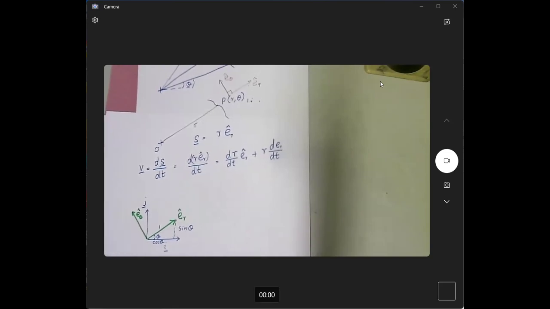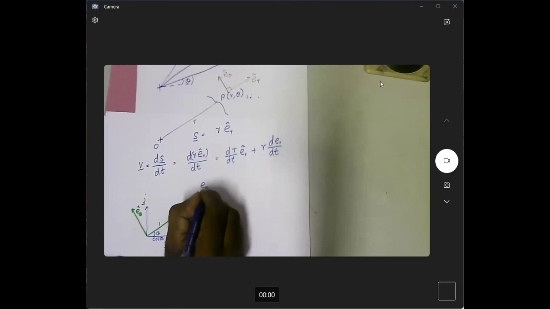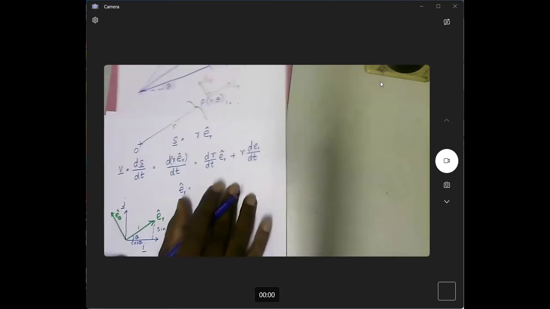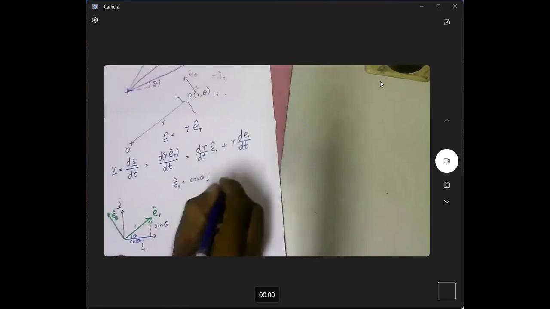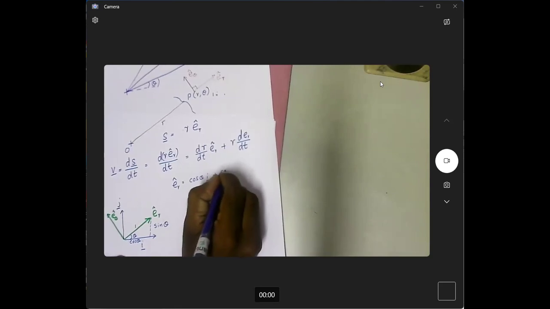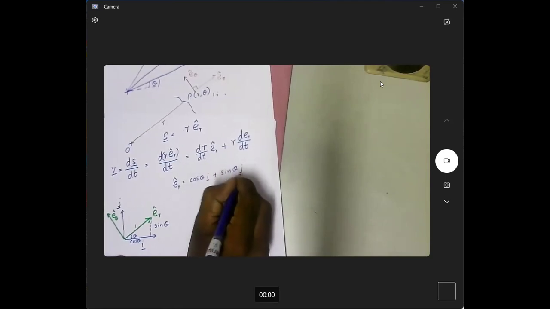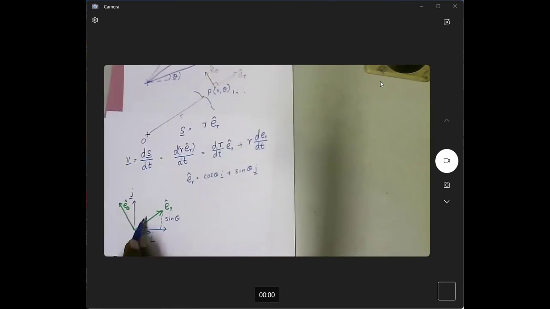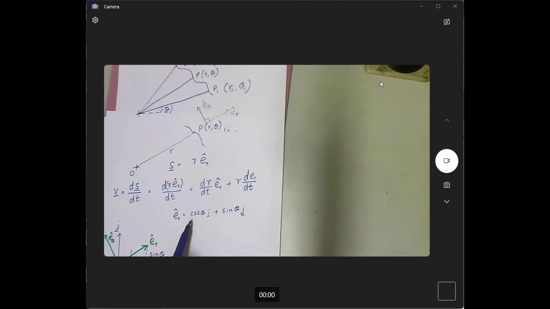So here, I can write the vector as cos theta i plus sine theta j. From this one, the length is 1. So this side should be cos theta into i, and this side should be sine theta into j. So the vector is nothing else but the addition of cos theta i plus sine theta j.